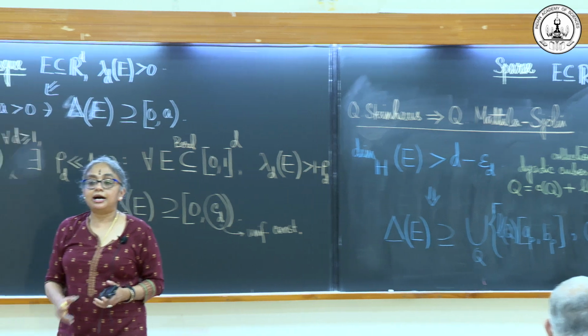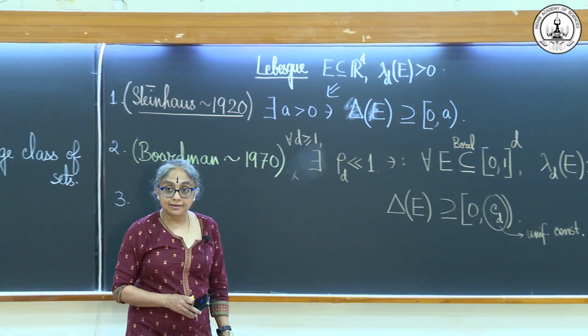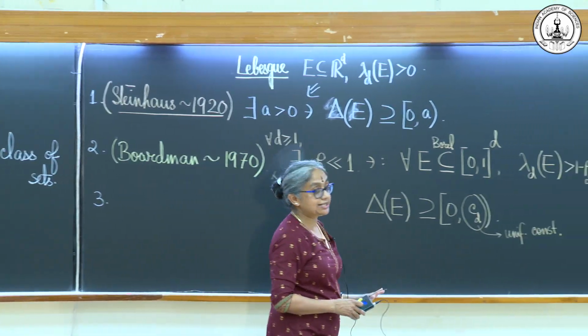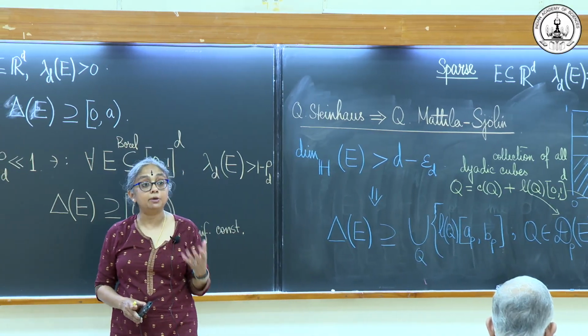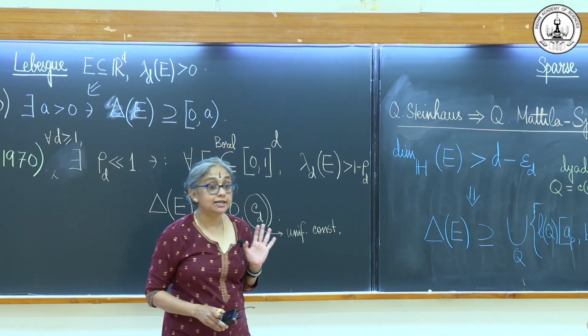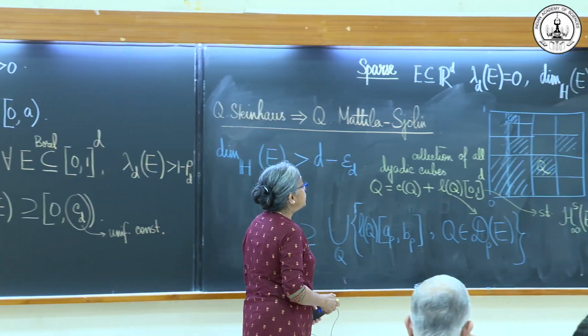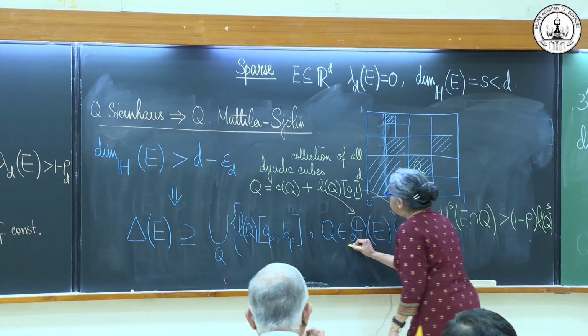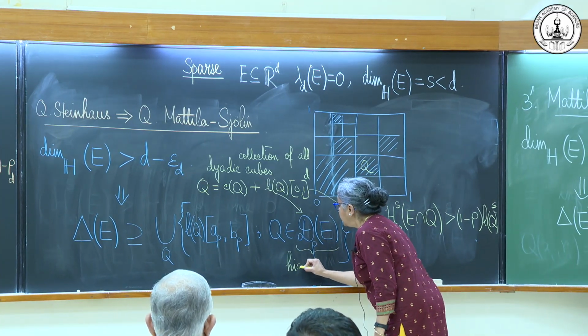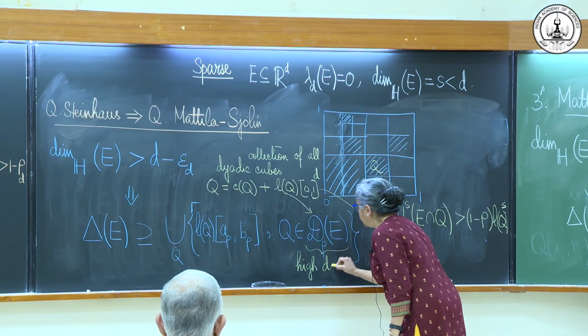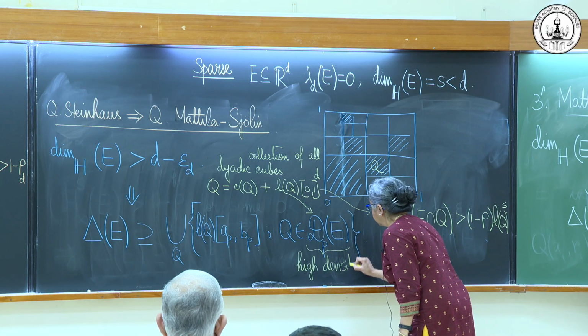So let's try to sit back and take a look at what this is trying to say. It's a lot of notation, but I promise there is a method to this madness. You should think of this D_rho(E) as high density cubes.